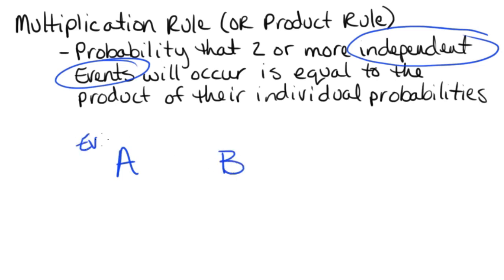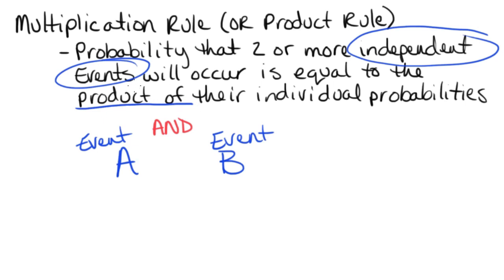And so what we're saying is that if we wanted to know what is the probability that A is going to happen, and I'm going to write "and" here in red because this is going to be a key word here. If we want to know the probability that A and B, which don't influence each other, that both of them will occur, what we want to do is look at the product of their individual probabilities.